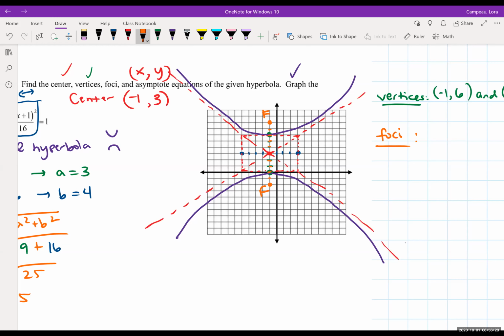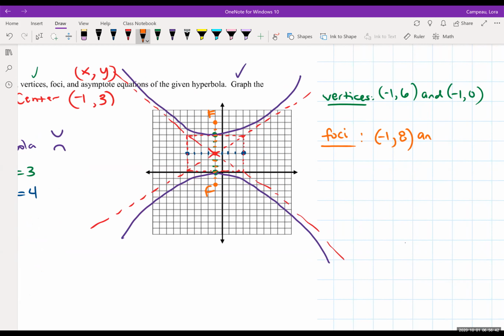The first focus point, I'll go with the one on the top. It's -1. And counting upwards, 1, 2, 3, 4, 5, 6, 7, 8. So -1, 8. And count the other one from the origin, -1, -2.